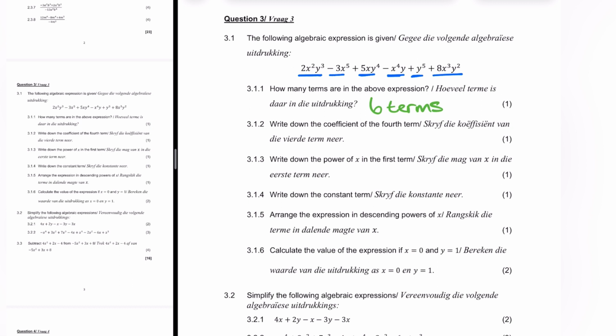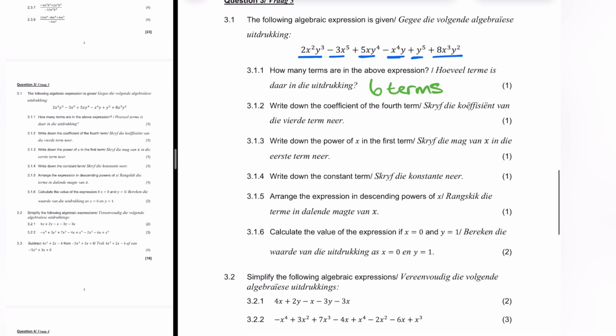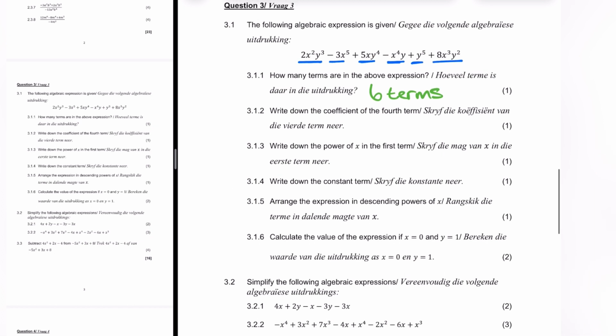Quite simple. 3.1.2, write down the coefficient of the fourth term. So what is the fourth term? You have 1, 2, 3, 4, 5 and the sixth term.